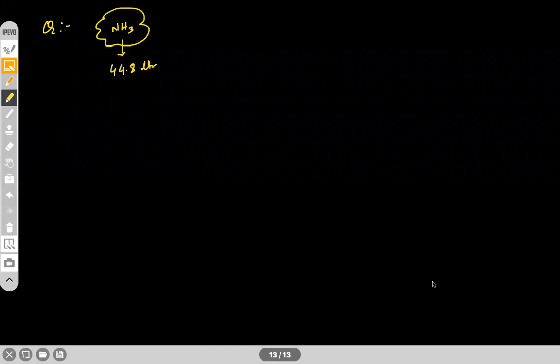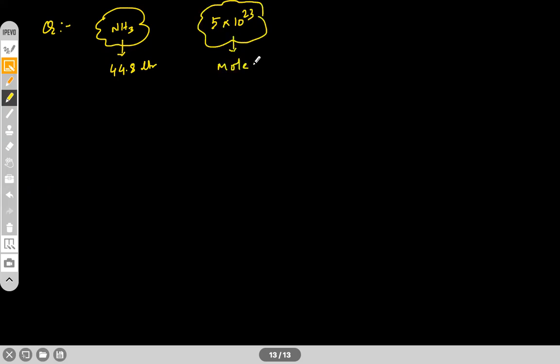We have NH3 gas and we have 44.8 liter of it. So from 44.8 liter of NH3 gas, 5 into 10 to the power 23 molecules of NH3 are removed.